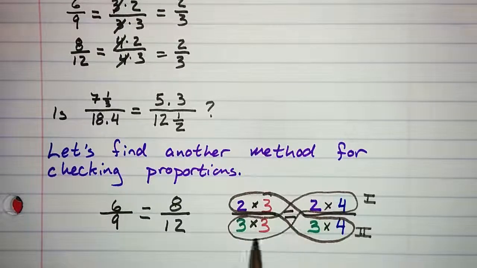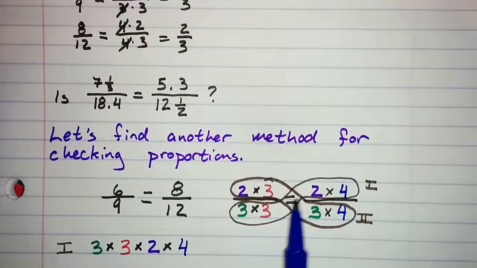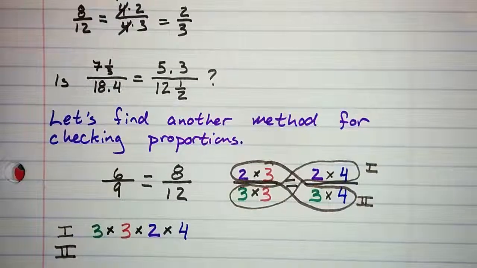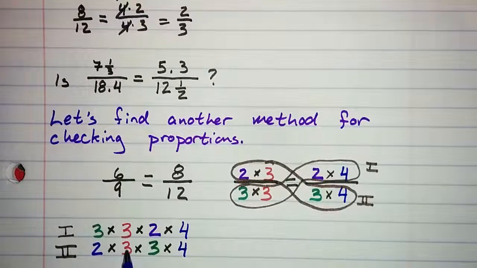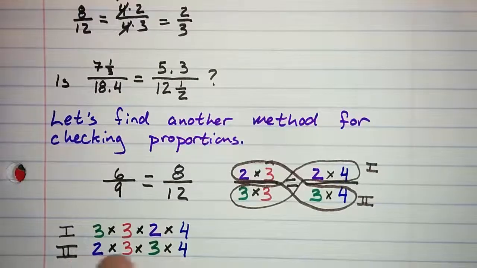When I multiply pair number 1, I get 3 times 3 times 2 times 4. When I multiply the other pair, I get 2 times 3 times 3 times 4. And notice, these are the same 4 numbers, just shuffled around.